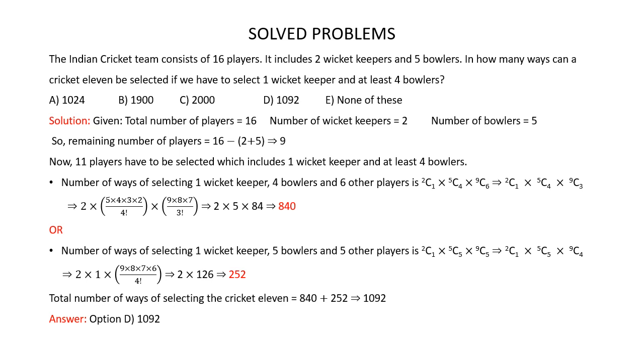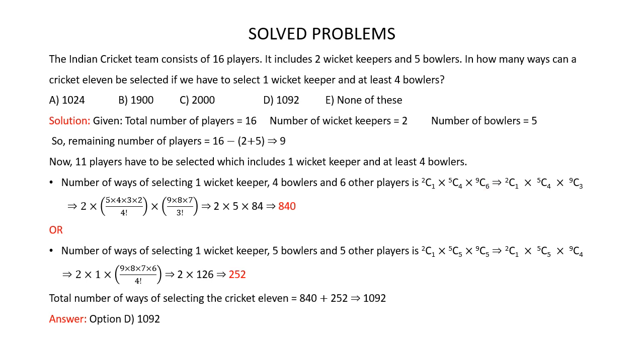Now 1 wicket keeper can be selected from 2 wicket keepers in 2C1 ways and is multiplication, and 4 bowlers can be selected from 5 bowlers in 5C4 ways and is multiplication, and the 6 other players can be selected from the remaining 9 players in 9C6 ways.